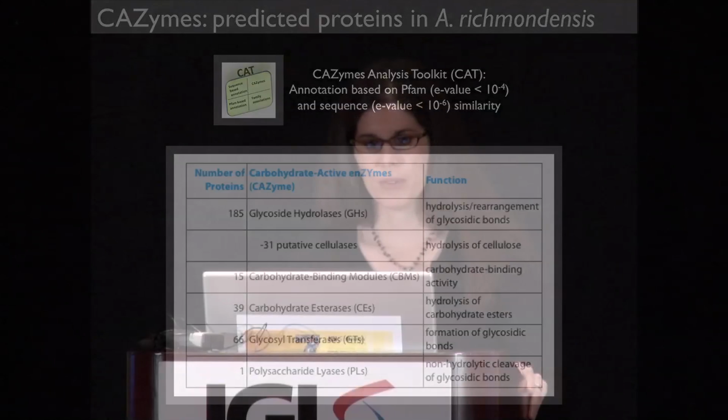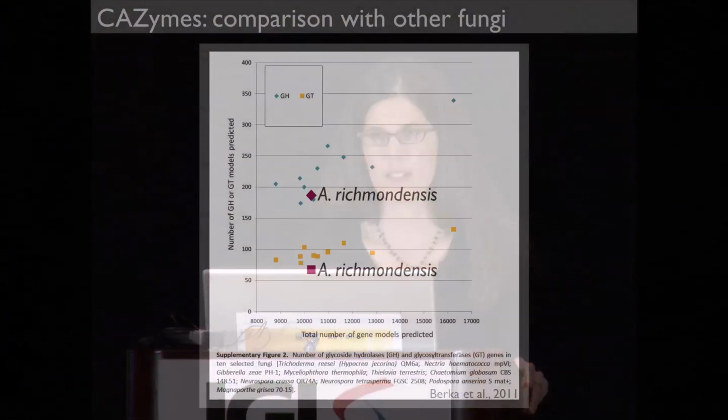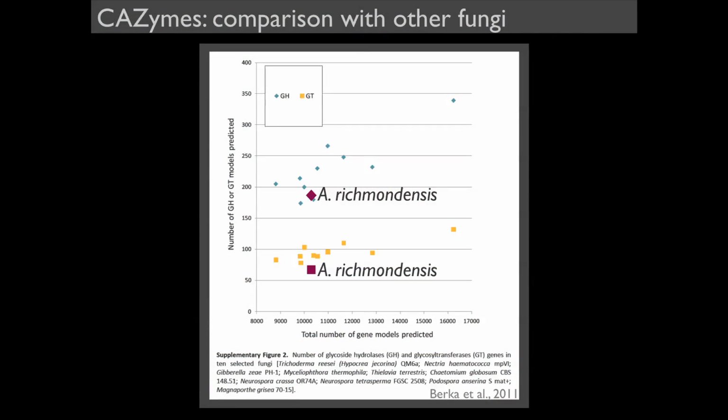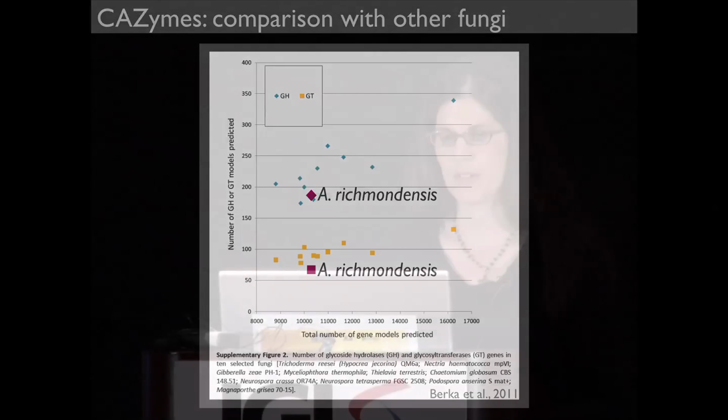It turns out that for the number of GHs, the glycoside hydrolases, and the GTs, the glycosyltransferases, there tends to be a general correlation in the number in the genome relative to the number of genes in that genome. The same is true here for the fungi. This plot is from Berkeley et al. in 2011, where they looked at the number of GHs and GTs for 10 different fungi relative to the number of predicted gene models.